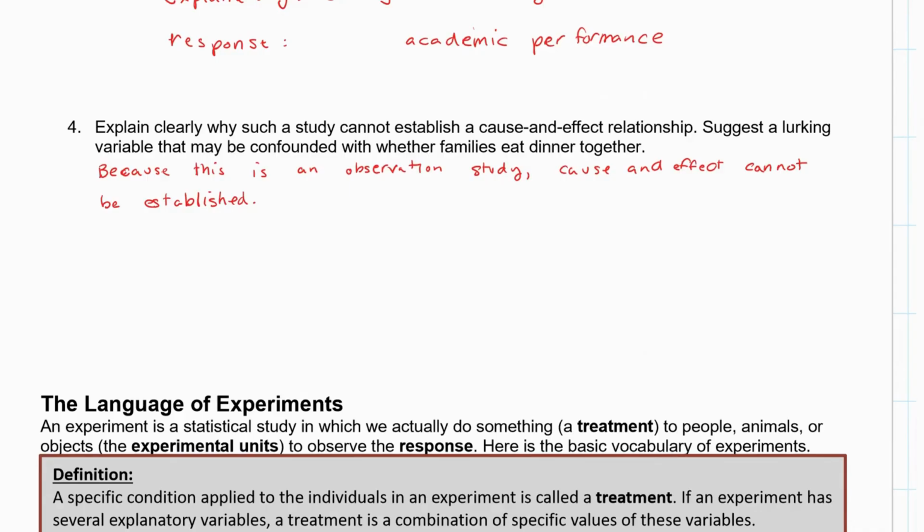Okay. A lurking variable, for example, may exist. A lurking variable, such as family wealth, may explain the difference. Okay. Now, what do I mean by that?